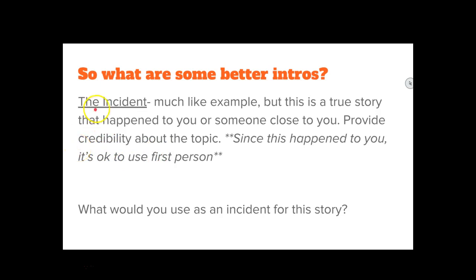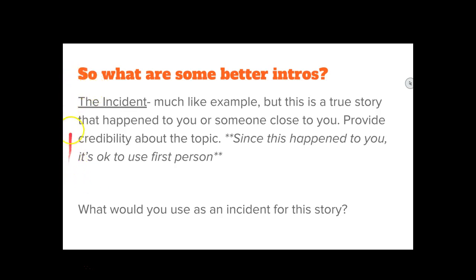And again, you can totally use first person. If I wanted you to feel like my grandmother was supportive, I might start my introduction with when I was first diagnosed with diabetes and how my grandmother treated me.